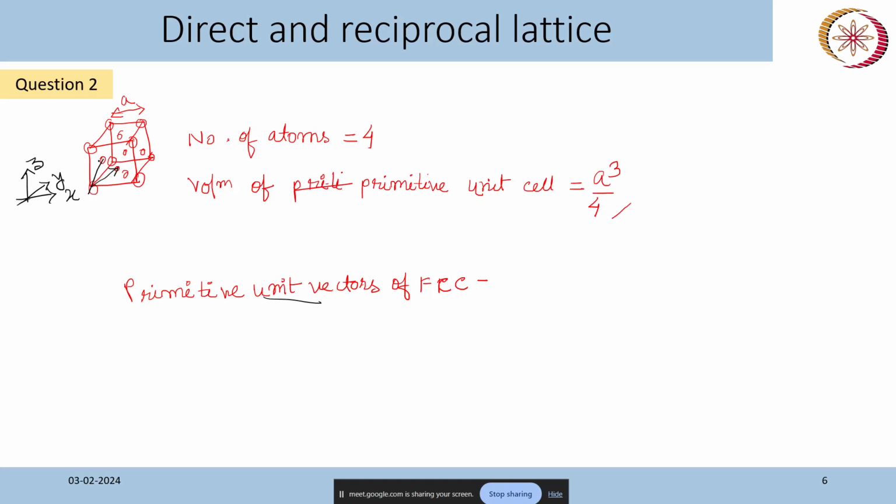These are the two vectors, and this is the third vector.